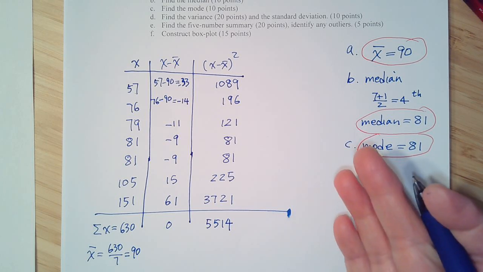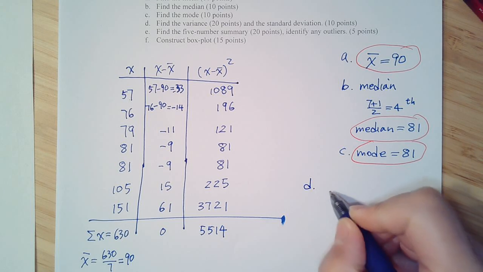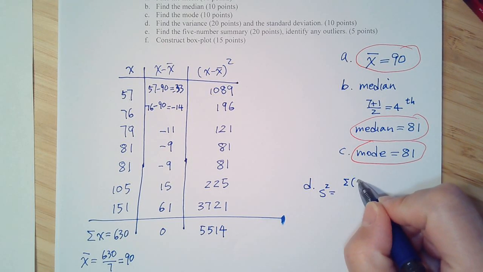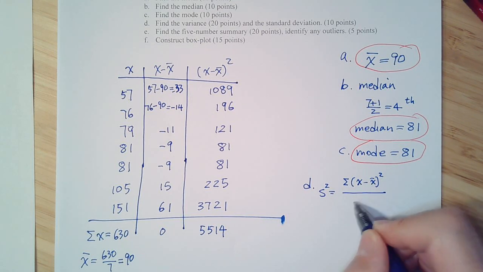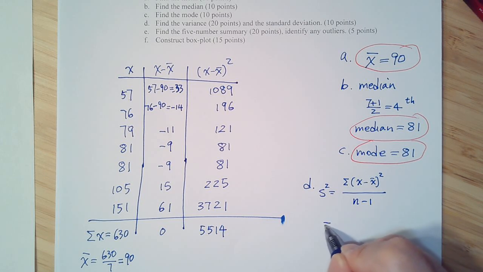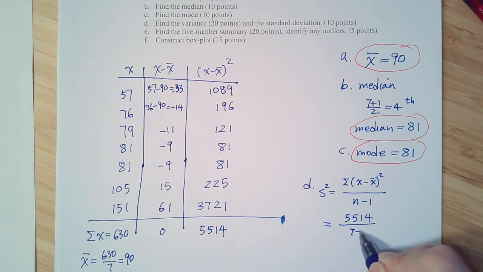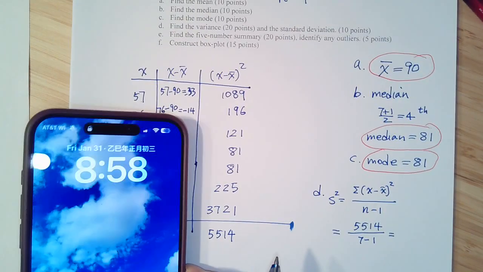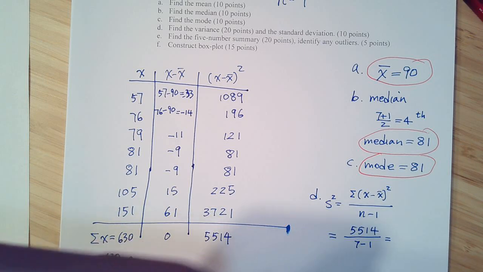Do you remember what the variance is? It's s squared, and the formula is the sum of x minus x bar squared over n minus 1. In our case, the top is 5514 and the denominator is n minus 1, which is 7 minus 1, which is 6. So 5514 divided by 6.